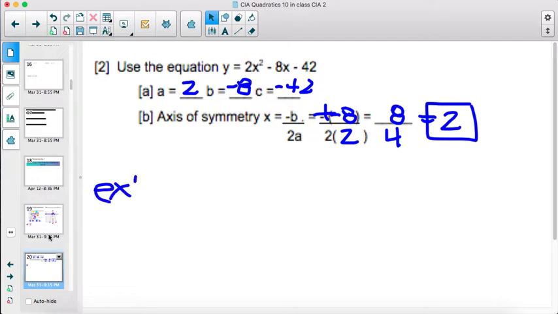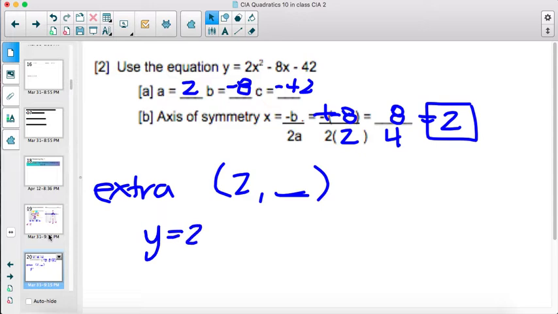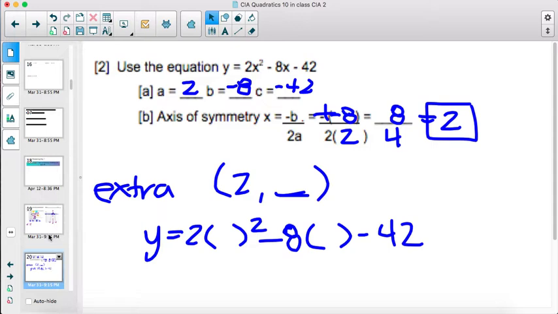Now for some extra credit on the quiz, you can find the full vertex, so the x-coordinate is 2. We need to find the y-coordinate, so if we wanted some extra credit, we would take our equation and we'd write it out, but we take the x out and we would plug 2 in and calculate that, and we could type it straight into our calculator.